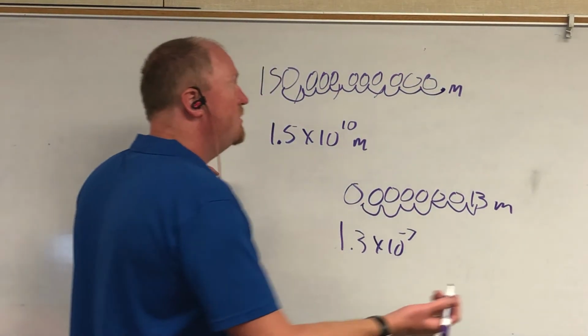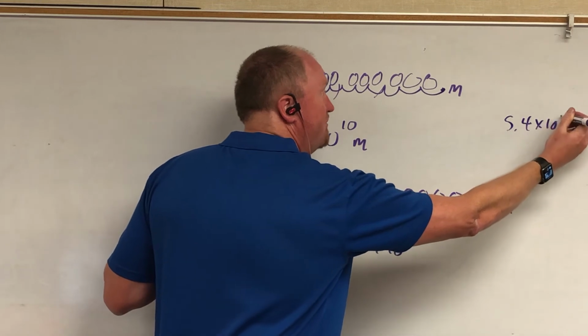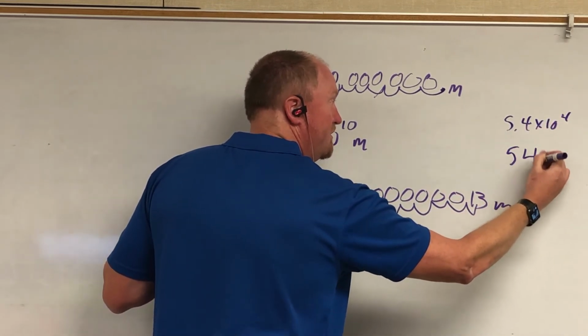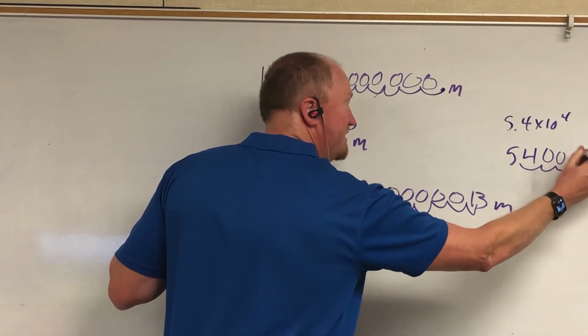If you've got 5.4 times 10 to the 4th, you just move the decimal place. 5, 4, you go 1, 2, 3, 4, put zeros in.